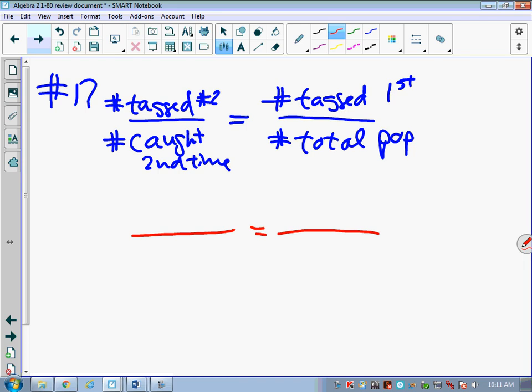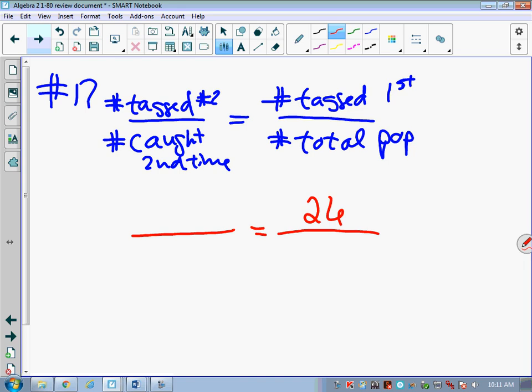Top right, because it's the number tagged the first time. Okay, there's a reason I put this up here so that you could write that down and use it. Okay, so he catches and he tags 26 squirrels the first time. Good on you if you can catch a squirrel, let alone 26 squirrels. That's impressive.